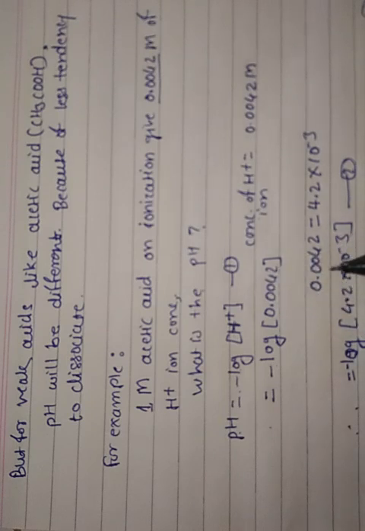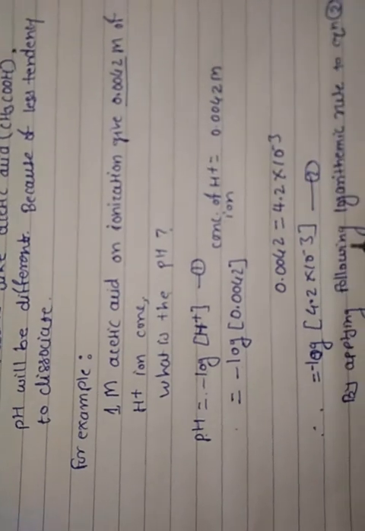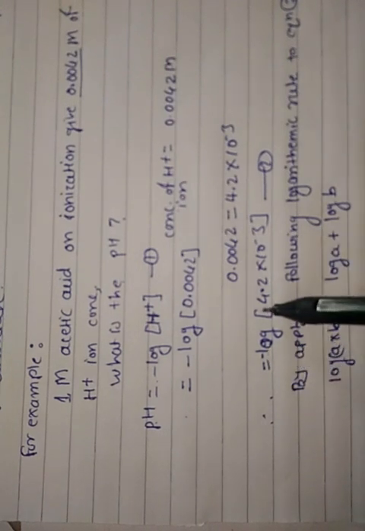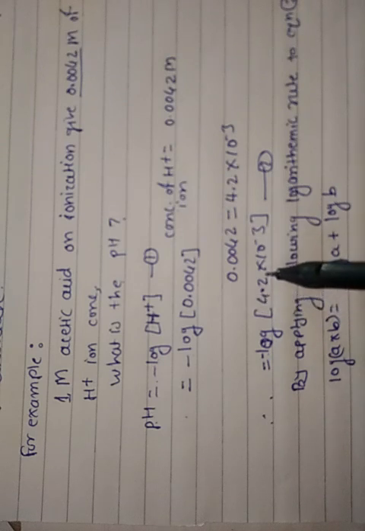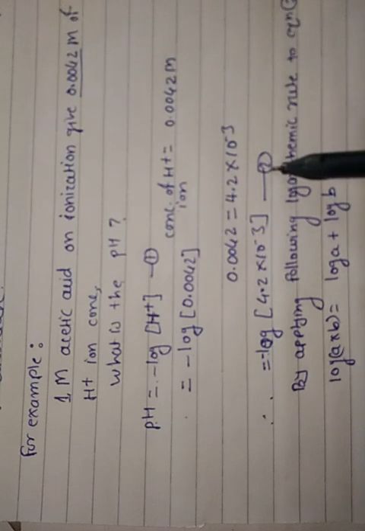The value 0.0042 is converted into 4.2 into 10 raised to minus 3. We get minus log of concentration of 4.2 into 10 raised to minus 3. This is equation number 2.